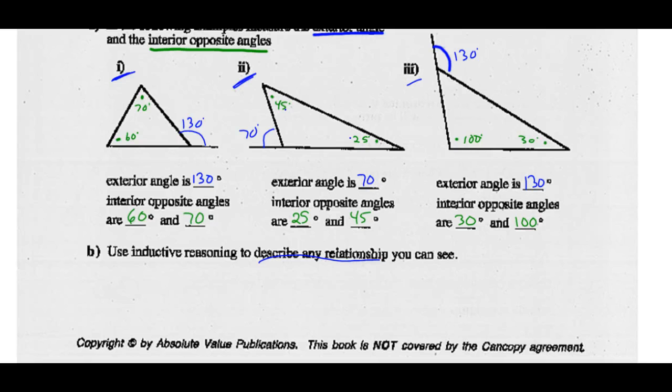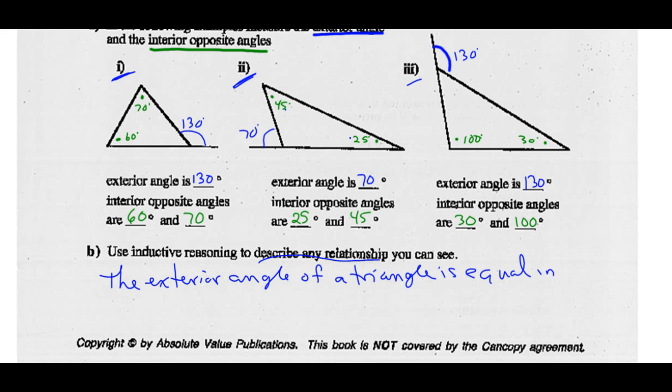Well, the relationship should be this. The exterior angle of a triangle is equal in measure to the sum of the two opposite interior angles.